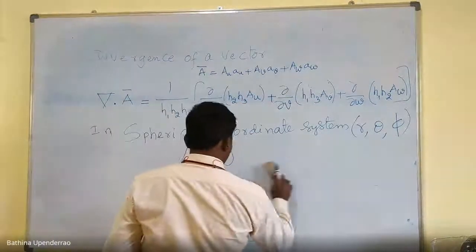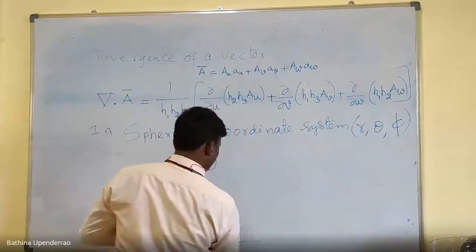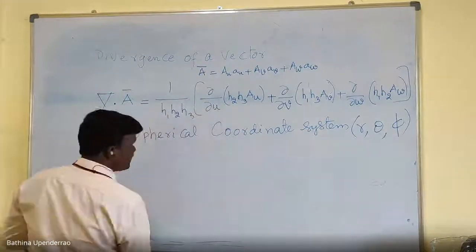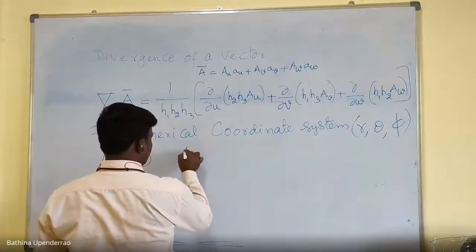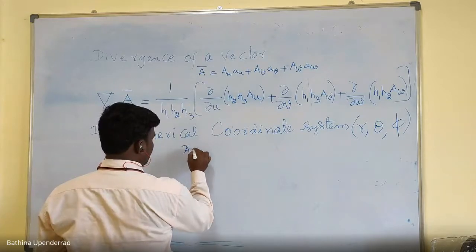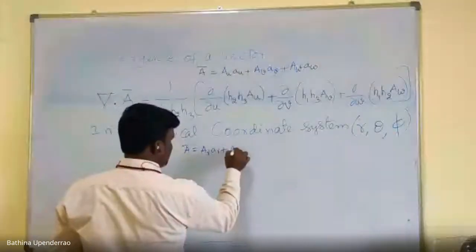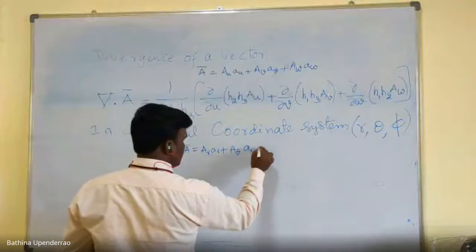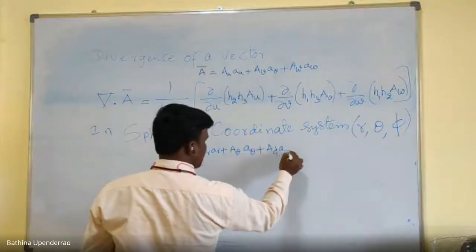Here itself also write the vector representation, that is A bar is nothing but A r plus A theta plus A phi.